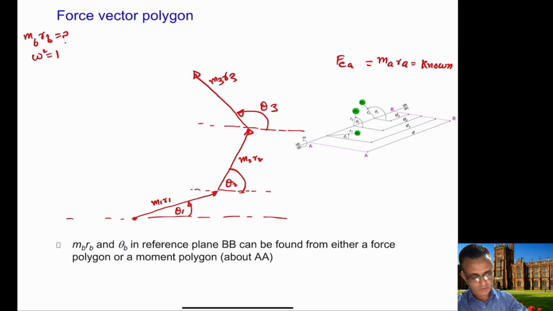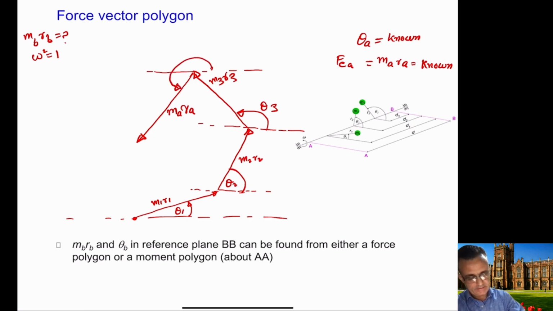The force was somewhere in this direction here, because you know the MARA and theta A, which you already calculated from the previous slide, from the moment polygon. And again, you know that this is MARA, and this angle is the theta A.